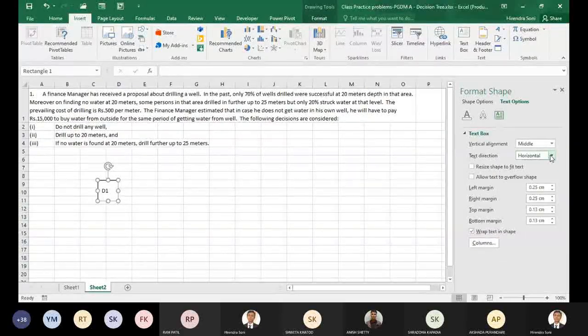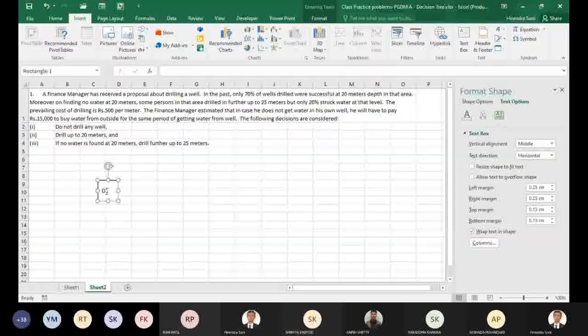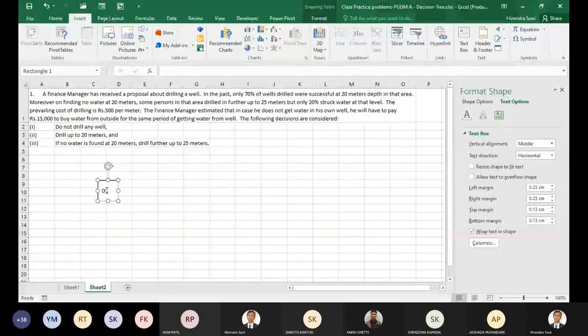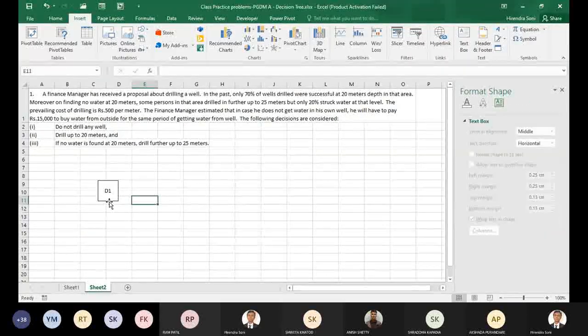Center aligned. Fine. This is my first decision point. At this decision point, I have got 3 options to decide.